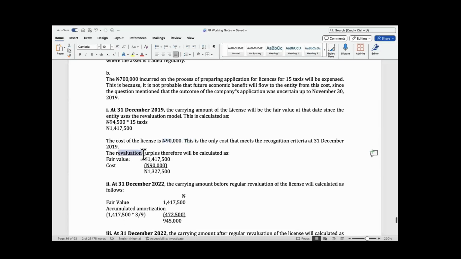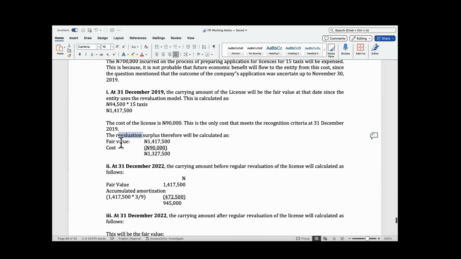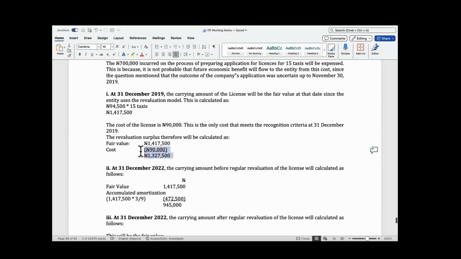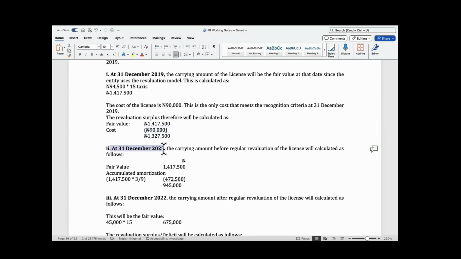So the revaluation surplus, therefore, is the fair value compared with the carrying amount. So we have the revaluation surplus as at this date. Now, as at 2022, the carrying amount before revaluation is this. It's just for me to do the value minus my accumulated amortization.